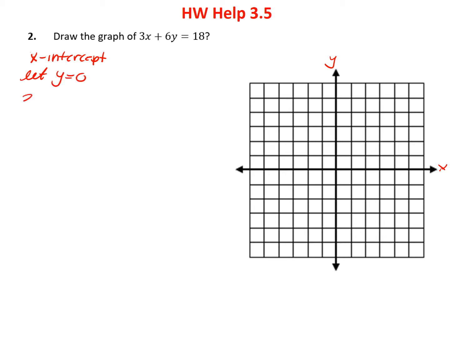So in this case, I'll write 3x plus 6 times 0 equals 18. 6 times 0 is 0, so I'm left with 3x equals 18. Undo the 3x by dividing both sides by 3. That goes to 1. And I have x equals 6, or the point 6, 0.